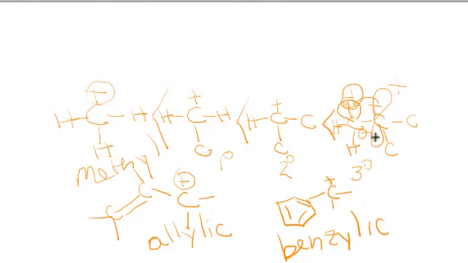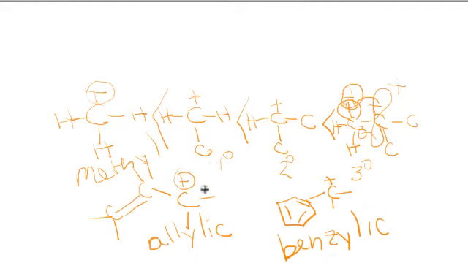So sigma bond to p orbital stabilization is often called hyperconjugation. It's not real conjugation, you can't draw resonance structures for it, but it does show electron delocalization. And the more of these adjacent CH or C-something bonds next door, the more stabilization you have.